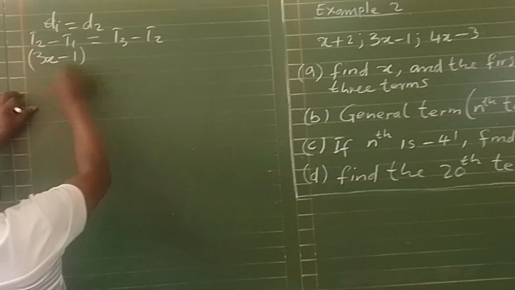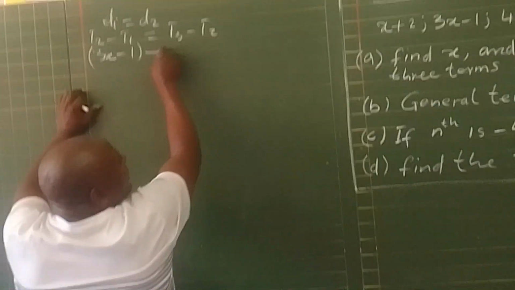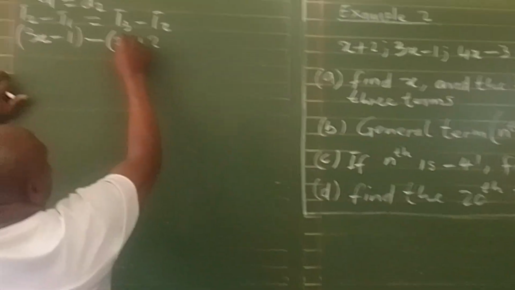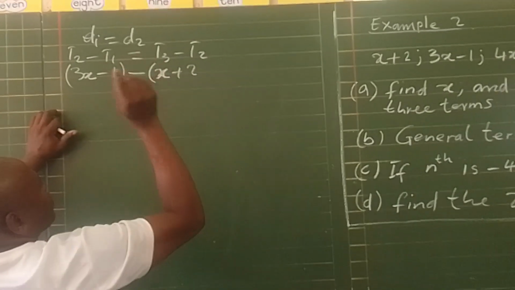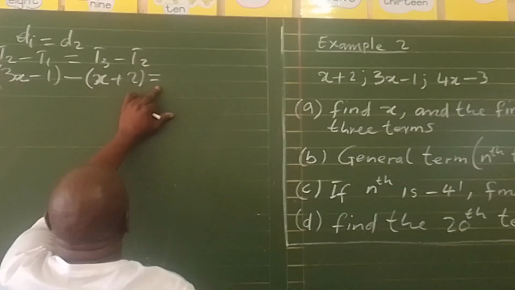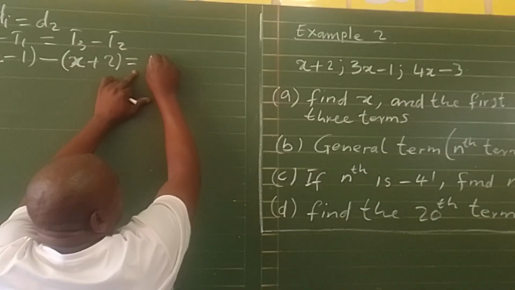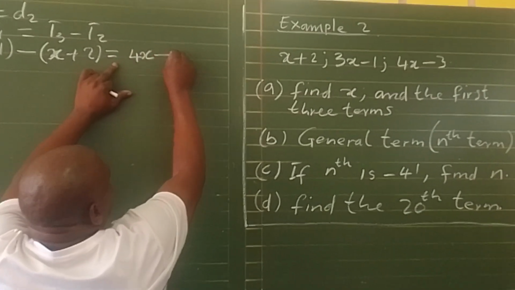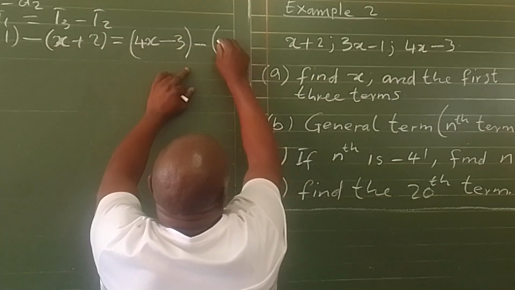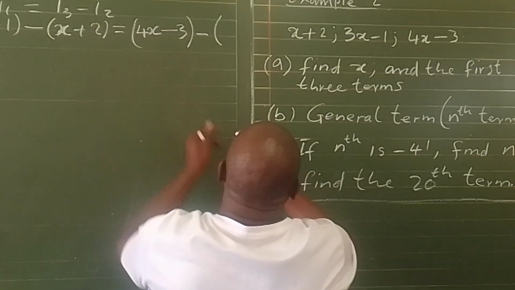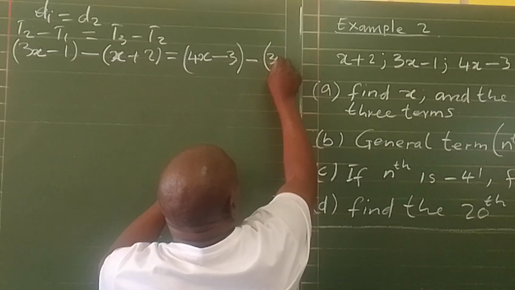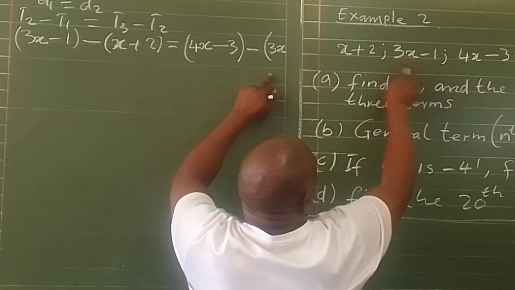minus 1 minus x plus 2, right? This must be equal to the common difference number 2, which is T3, 4x minus 3 minus 3x minus 1.